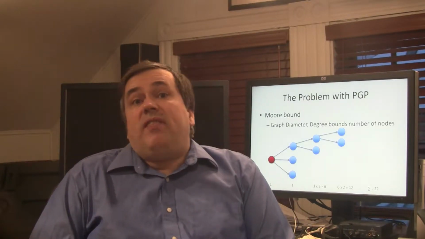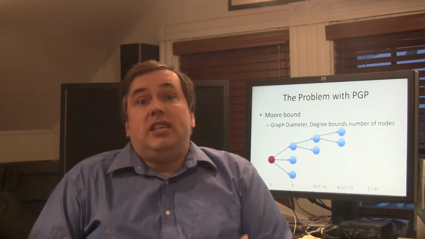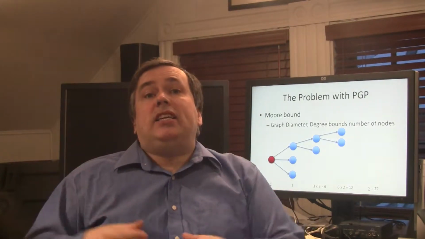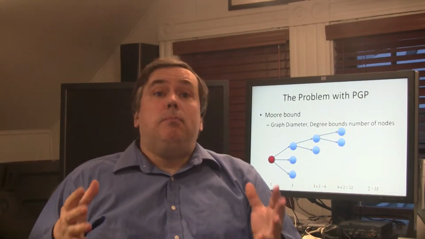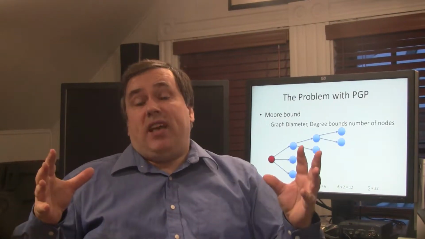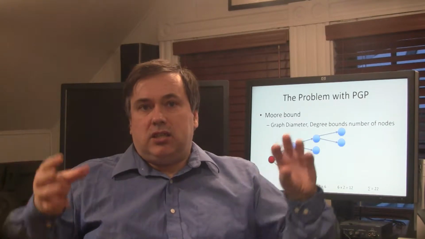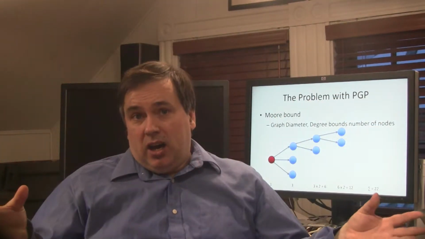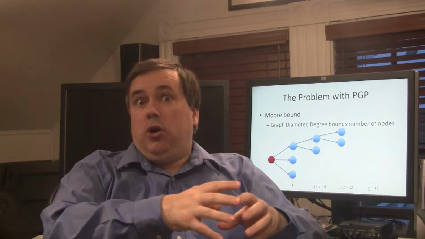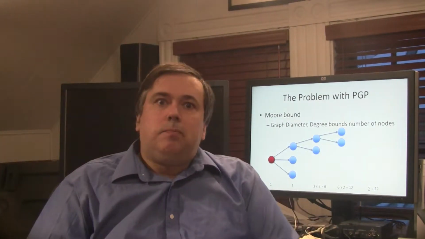Well, this is where the fact that we've got 2 billion people using the internet is such a limitation. Because in mathematics there's a thing called the Moore bound, which basically says that if you have a graph, and a graph in mathematical terms consists of nodes connected by arcs, in PGP terms, key holders connected by key signing events.